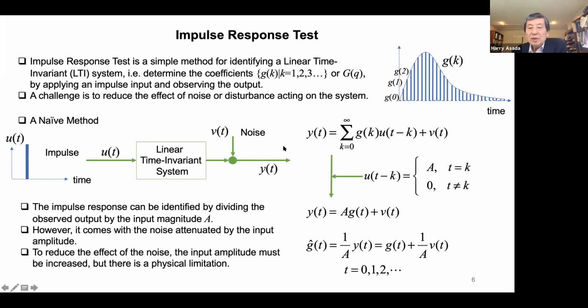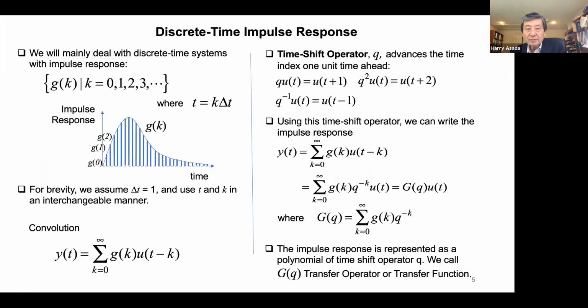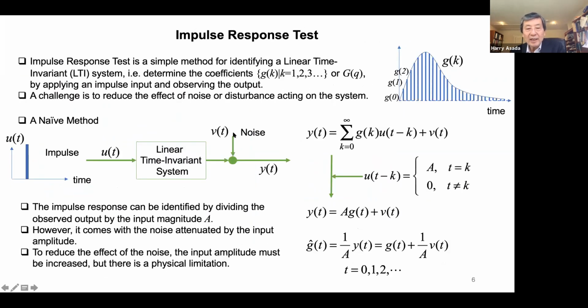So let's add this v(t) to the output here. We add the noise v(t) to this expression, right?